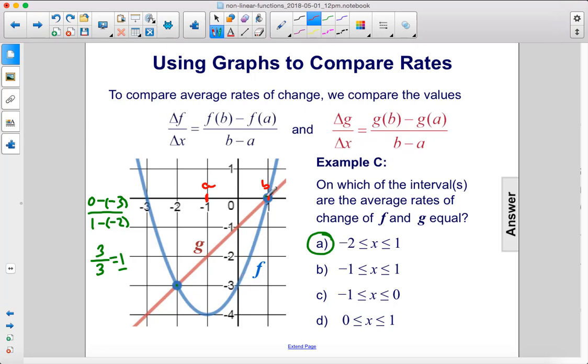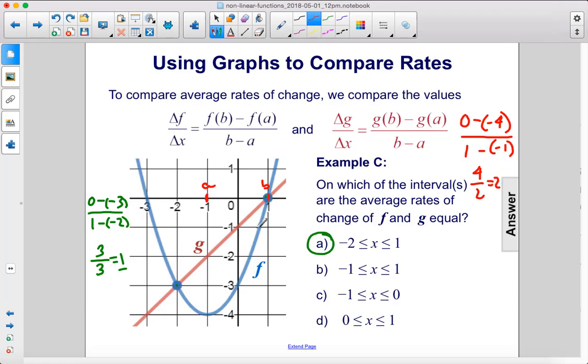So f of b is 0, minus f of a. So we go to a, and the f value is negative 4, or the y value here, over b, which is 1, minus a, which is negative 1. So we have 4 over 2, which is 2.